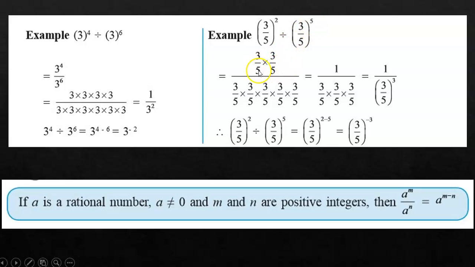So I have simplified this and I am left with 1 upon 3 upon 5 raised to 3, since it is multiplied twice in the numerator and five times in the denominator. This is simplification. Now if I am going to use the law, then this is how I am going to solve. m minus n, so 2 minus 5, which is minus 3. Again this and this are the same.